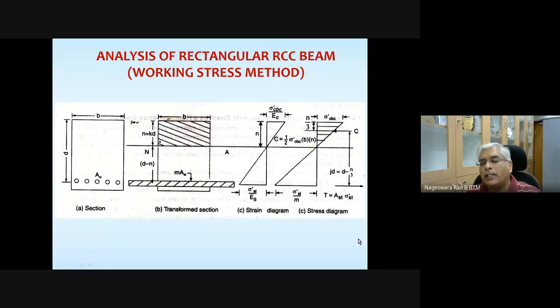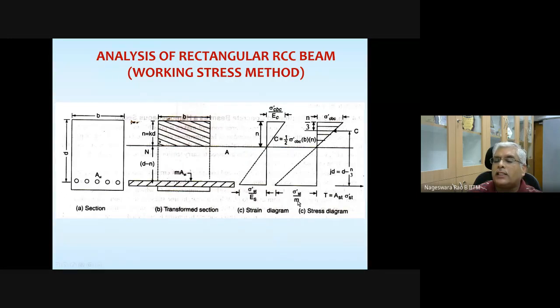So using that, the stress in concrete at the level of steel is sigma prime ST divided by M. Is it clear? What is this M? Modular ratio. How is it defined? Modulus of elasticity of steel to modulus of elasticity of concrete.